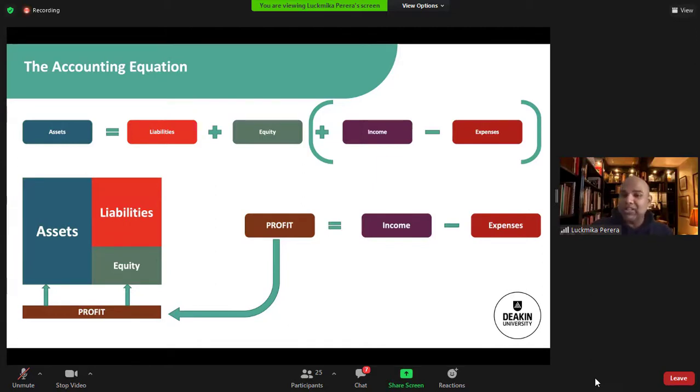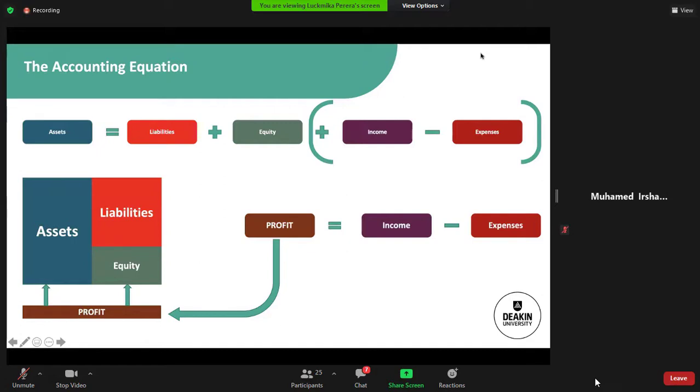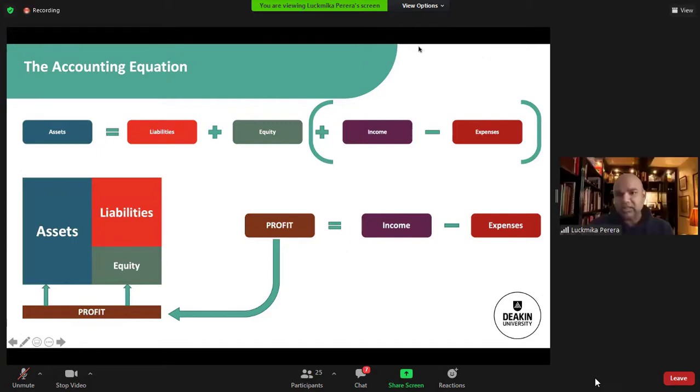So income minus expenses becomes profit, and that profit feeds into both equity and assets. Okay, so it's like a balance. It's like a nice scale. On the left side, we have assets. On the right side, we have liabilities and equity. All right. Is that clear so far? Do you have any questions there? Anyone? Any questions? All clear?